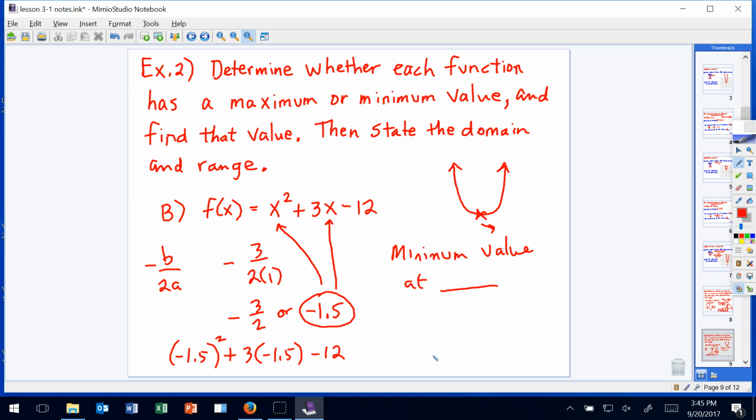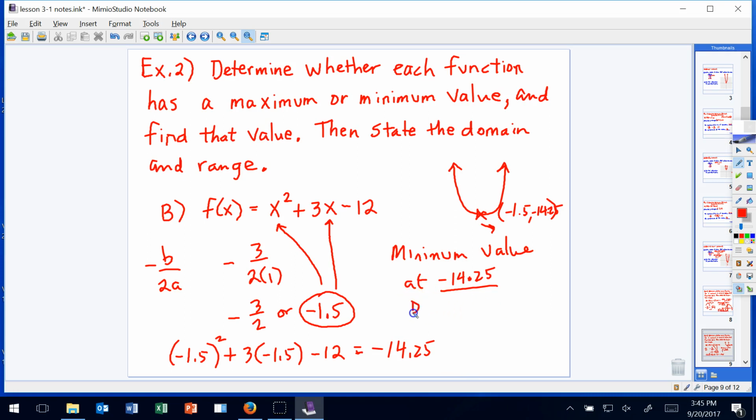Negative 14.25. And so what we found out is this vertex is the point negative 1.5, negative 14.25. The minimum value is the y coordinate of the vertex.